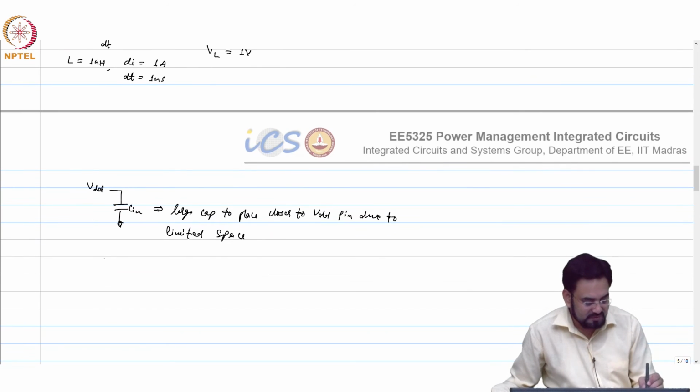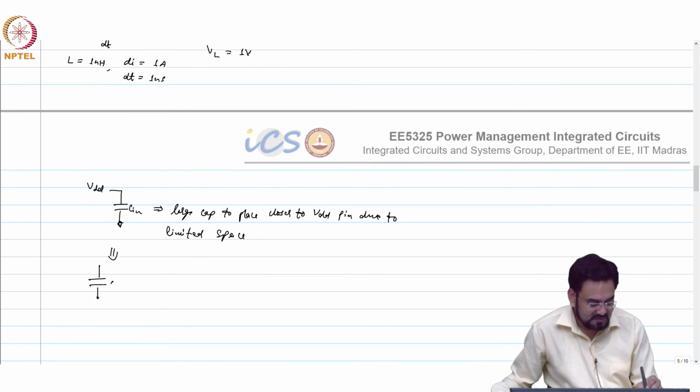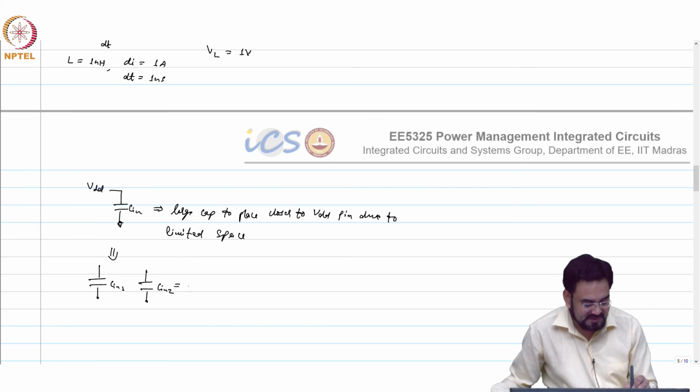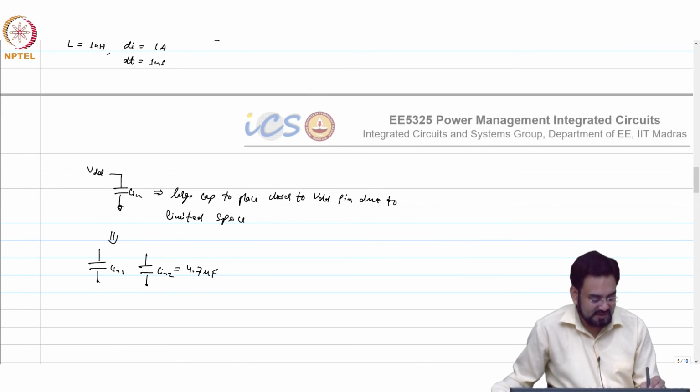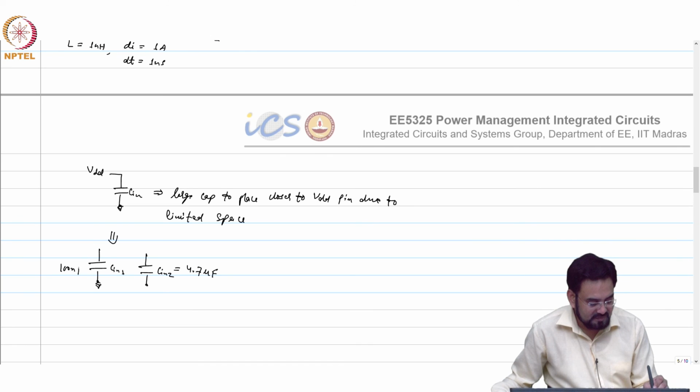So what you do, you use two caps, let's say C in 1 and C in 2. If C in 2 is, let's say, 4.7 microfarad or so, then this you can keep maybe 100 nanofarad.